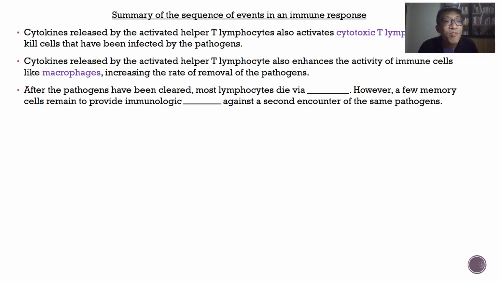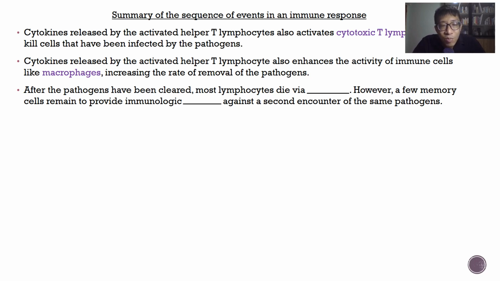They become more efficient in phagocytosis and so on, right? So the removal of the pathogen would be enhanced, okay? So once the pathogens have been removed by the antibodies produced by the plasma cells, by the macrophages that are now working even faster, and if any infected cells appear, then by the cytotoxic T cells as well.